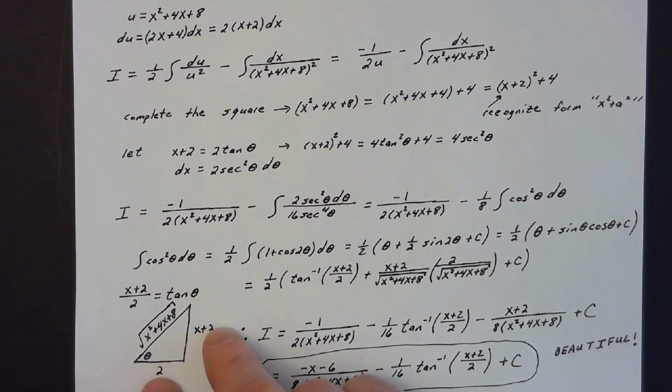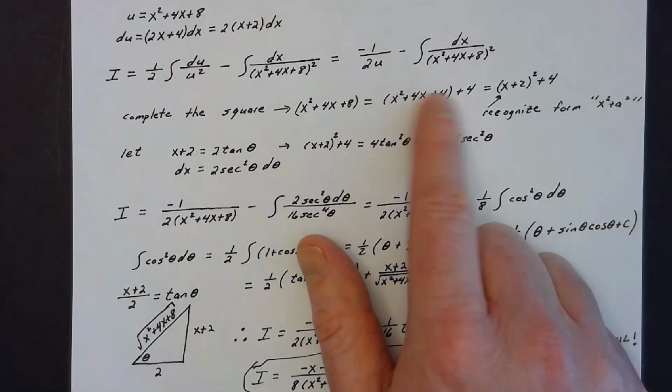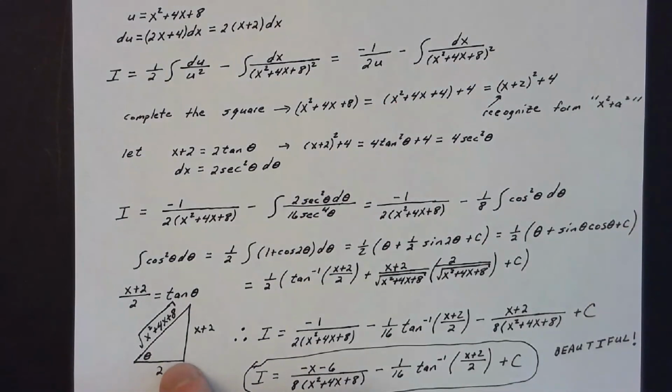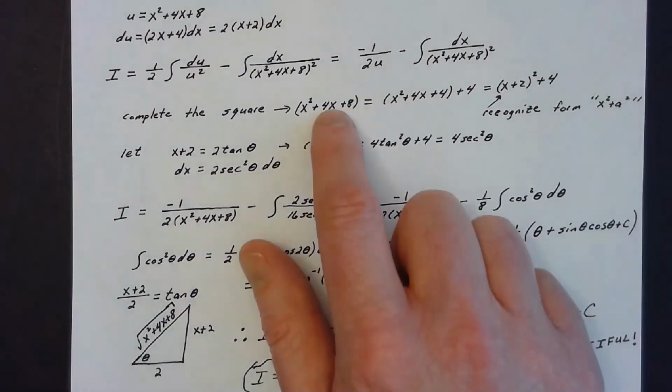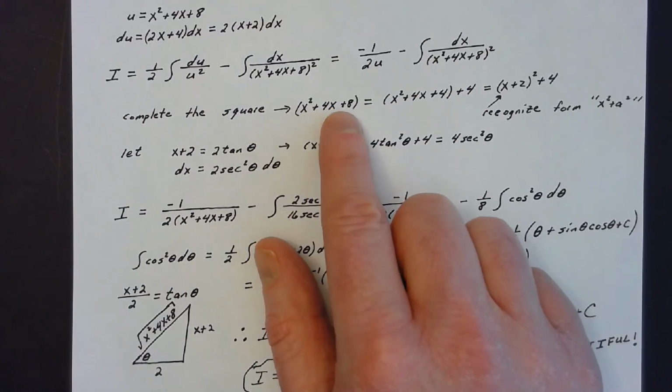The side adjacent to theta had to be 2. So your hypotenuse had to be the square root of this side squared plus this side squared. So x plus 2 quantity squared would give me x squared plus 4x plus 4, and then we're adding a 2 squared to that, plus 4. It just takes me back to this x squared plus 4x plus 8.